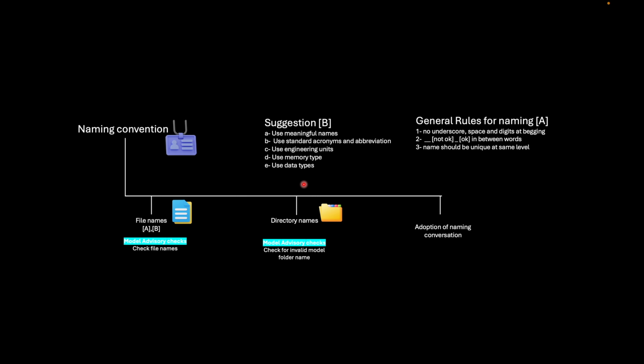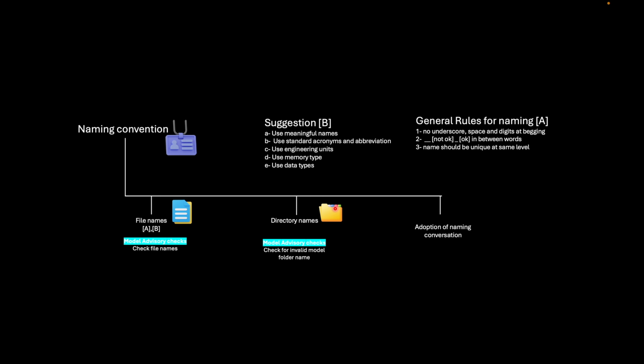Now let's see what this naming convention tells us about. The naming convention tells us how we should give names to our files, how we can give a proper name to the files that we have. Along with that, it will also guide you on how you can give proper names to the directory or the project folder that you are creating.